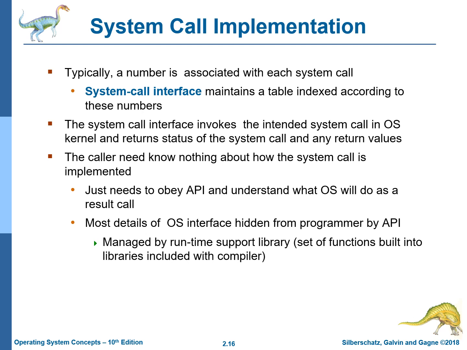They just need to obey the API and understand what the operating system will do as a result of the call. Most details of the operating system interface are hidden from the programmer by the API, and it's managed by the runtime support library, a set of functions built into libraries included with the compiler.